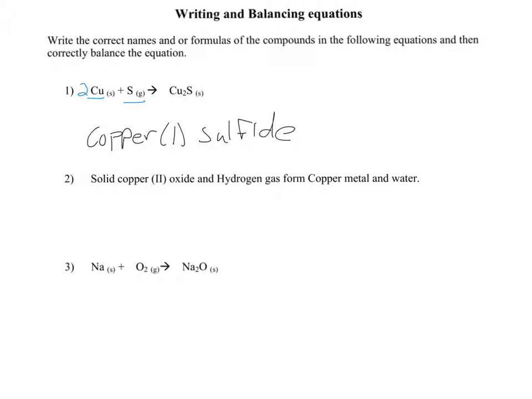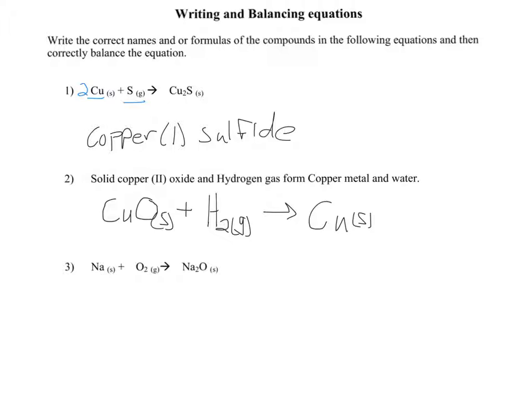So you have copper 2 oxide, solid, and hydrogen gas, and remember that hydrogen is diatomic, to form copper metal, Cu.